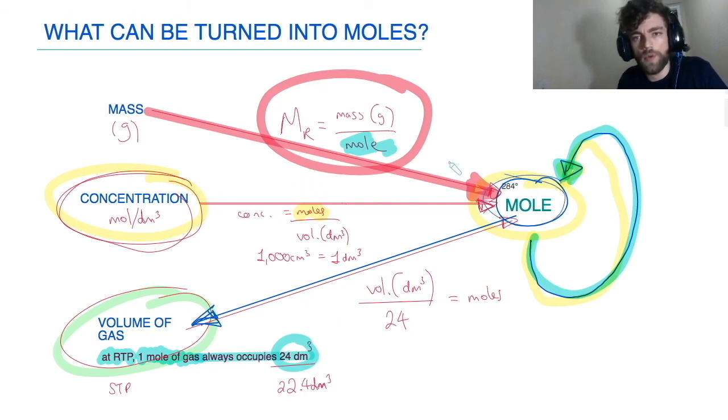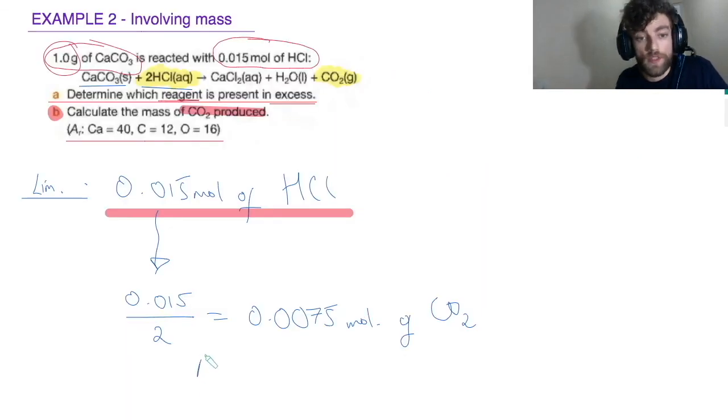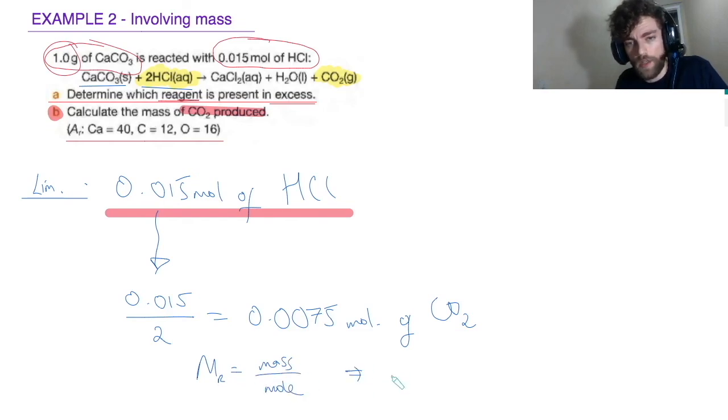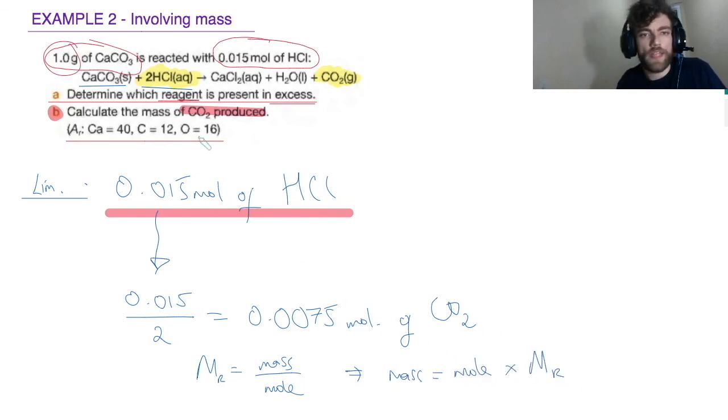I need to go from mole all the way back to mass. So same equation again, I just need to use it rearranged in a different form. So the equation is mR equals mass over mole. This time I would like mass, so mass equals mole times mR. I will need to work out the mR of carbon dioxide, but that's fine.